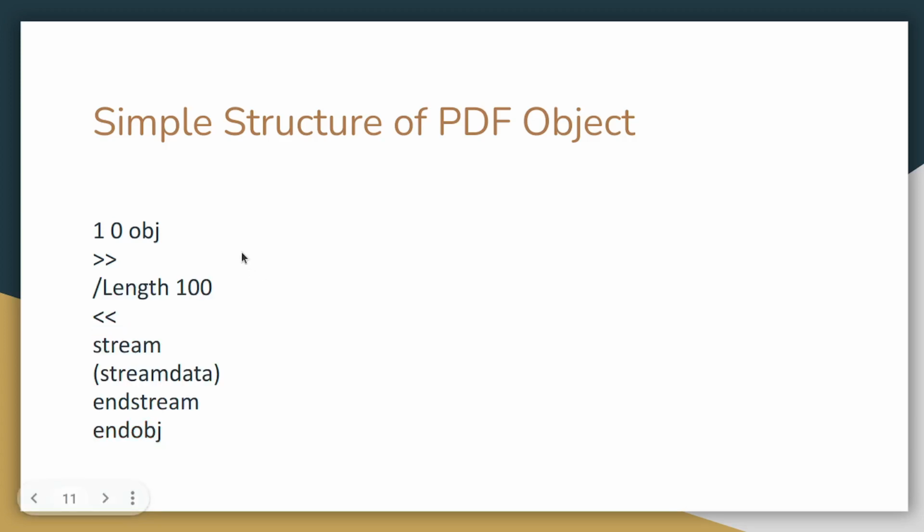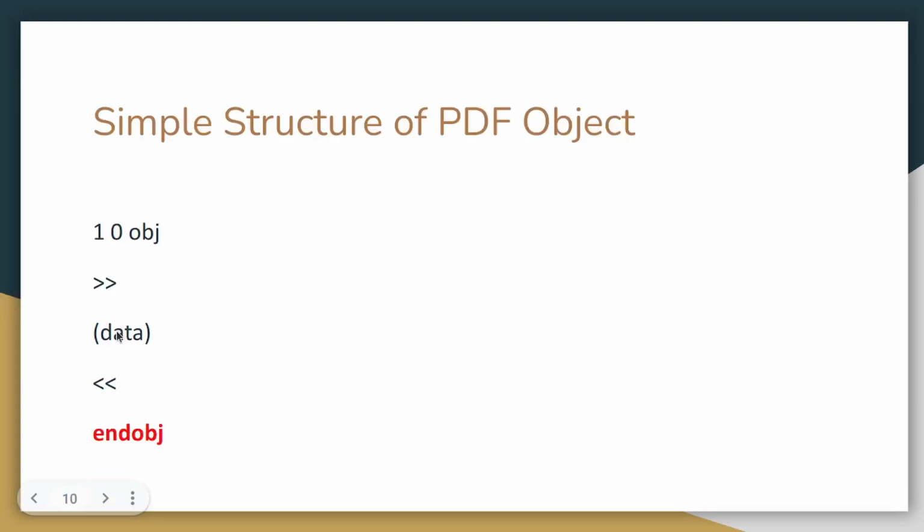The next structure, which is second most common, is the stream data, the stream object. In the previous slide you can see that there are two things, the obj and endobj, and we also have that arrow sign.